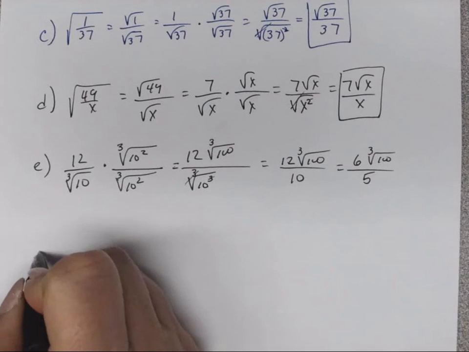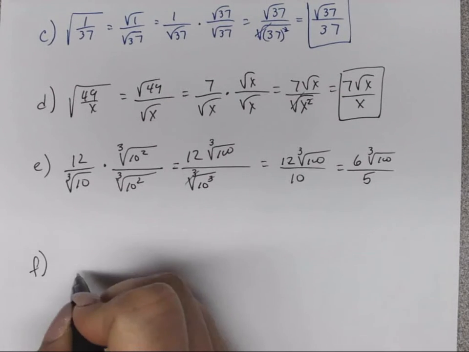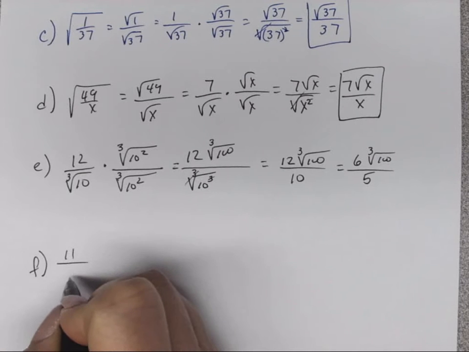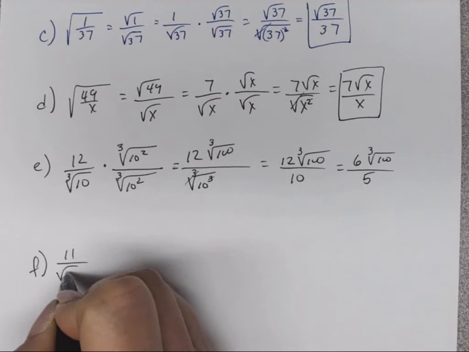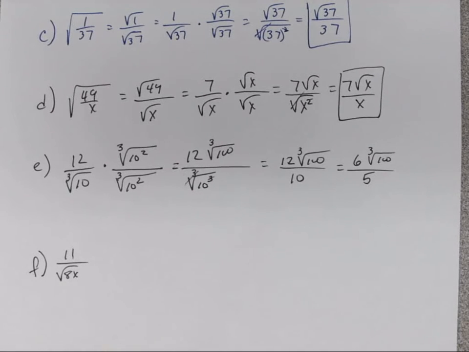Our next example, we have 11 over the square root of 8x. To move forward on this, we need to reduce this down because I don't want to multiply just by 8x. You could, but we can actually simplify this.